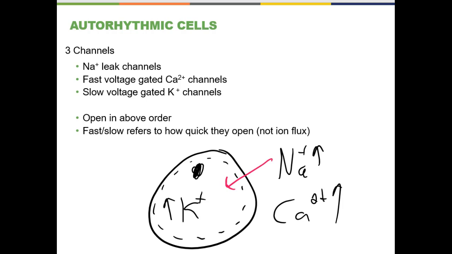If positive charge enters the cell, then the membrane is going to become less negative or more positive. If we look at where calcium is, we can assume calcium is going to do the same thing. When a calcium channel opens, that is going to make the inside more positive. So you can think of it as a depolarizing current.